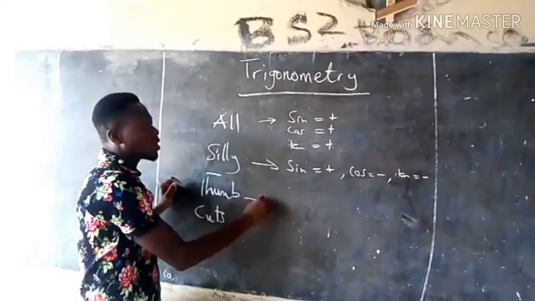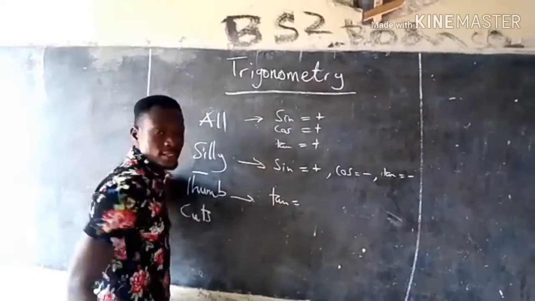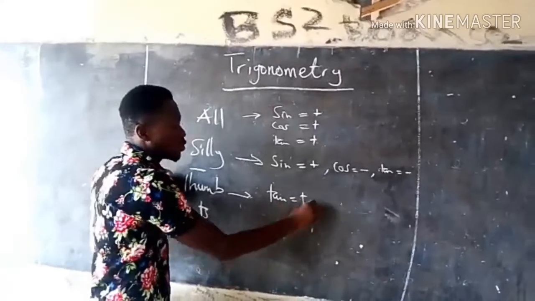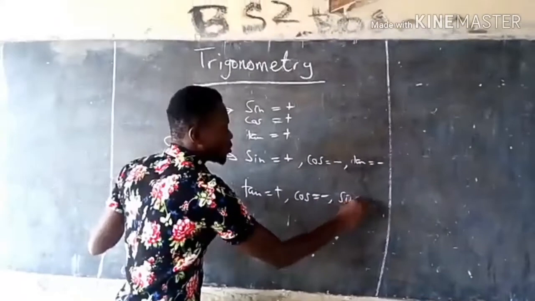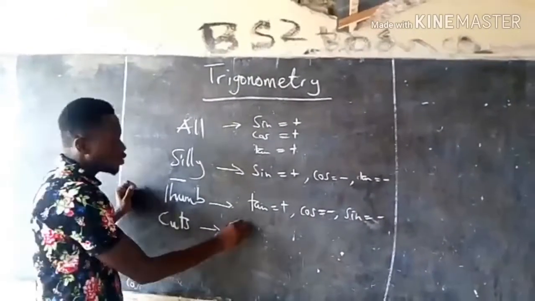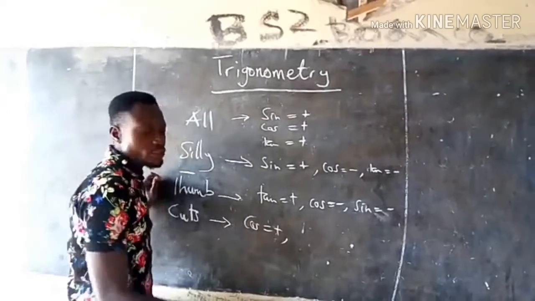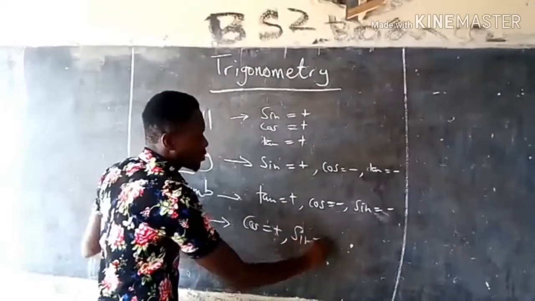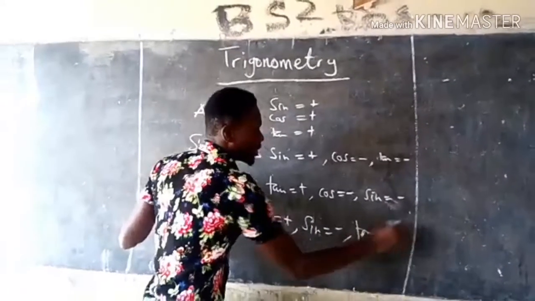In the third quadrant, it's only tan that yields a positive value. Cos will give us negative, sine will give us negative. Then in the fourth quadrant, it's only cos that gives positive value. The remaining trig ratios, be it sine, will give you negative, tan will also give you negative.